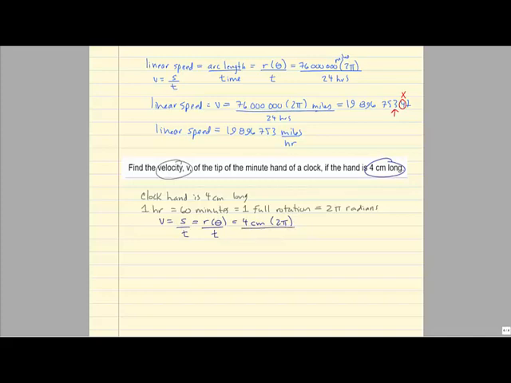And then our time, so we have 4 centimeters, 2 pi. The tip of the minute hand went around in 60 minutes. So our time would be 60 minutes. So 4 times 2 is 8 pi. R theta, yep. So multiplying straight across here, we end up with 8 pi over 60.